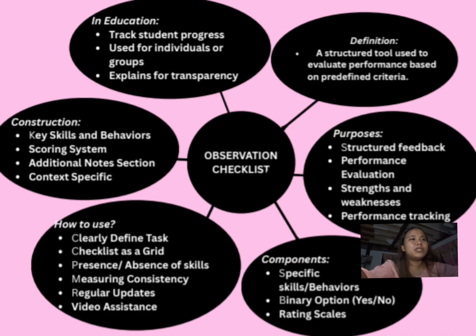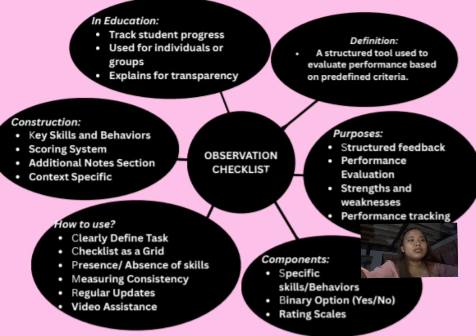Now, how to use an observation checklist. First, clearly define the task, so that everyone understands the objectives. Second, a checklist as agreed, with a structured layout for easy recording. Third, presence or absence of skills, which refers to the binary yes or no approach.